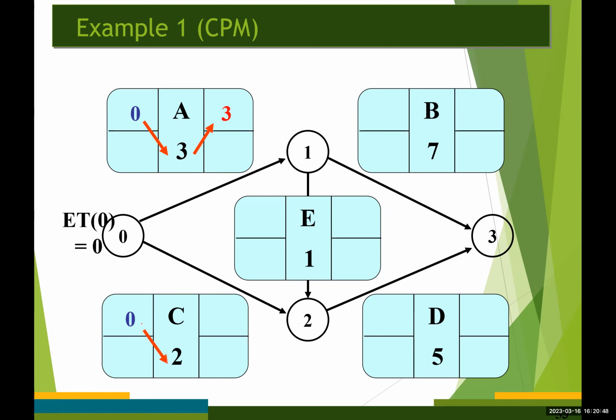And then the earliest finish time for activity A is going to be 3, which came from its earliest start time plus its duration. Okay, so 0 plus 3 becomes 3. Likewise, the earliest finish time for activity C should be 2. That's from 0 plus 2, right? Becomes 2.